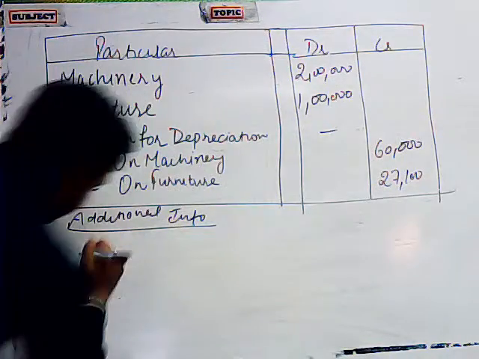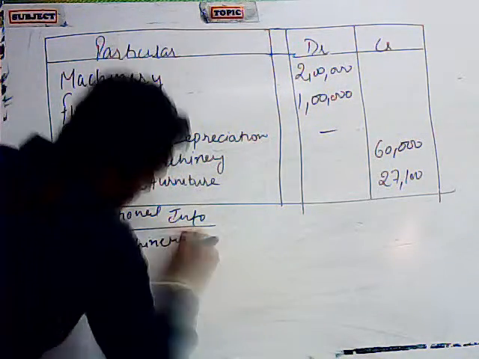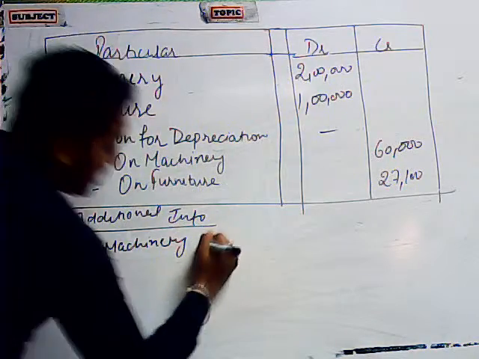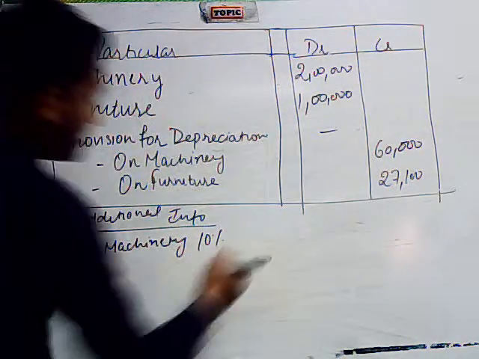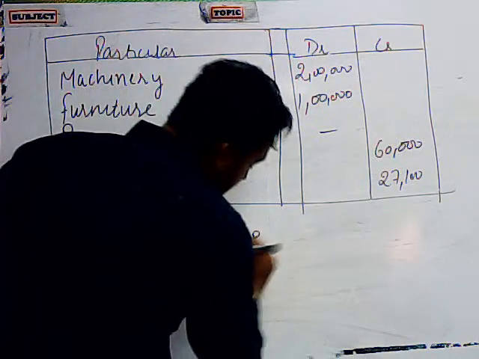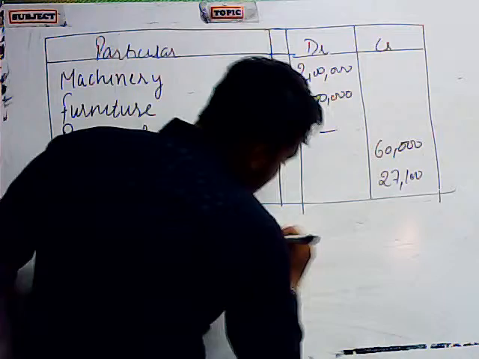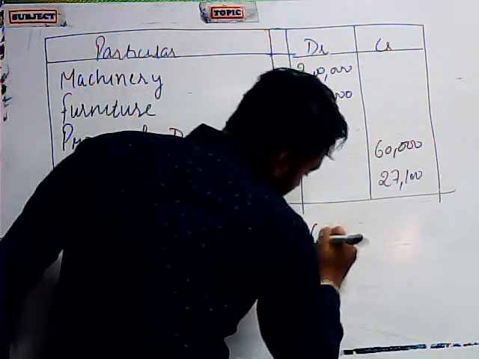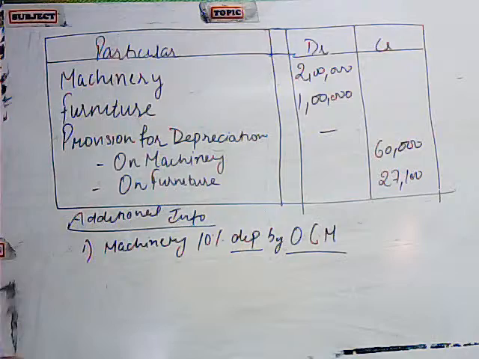So it means that on machinery you have to charge 10% depreciation by original cost method. Clear?